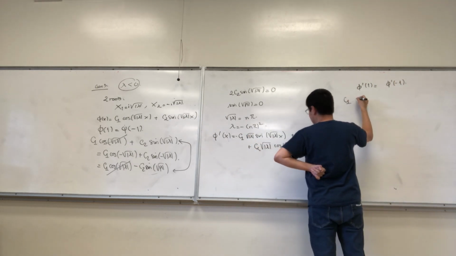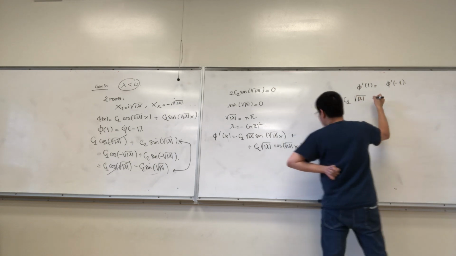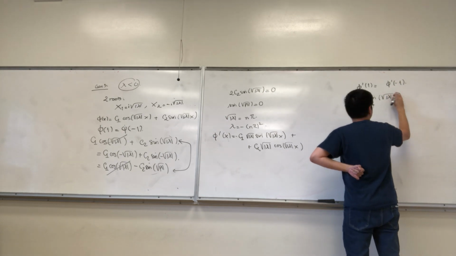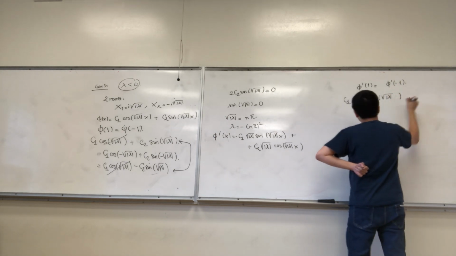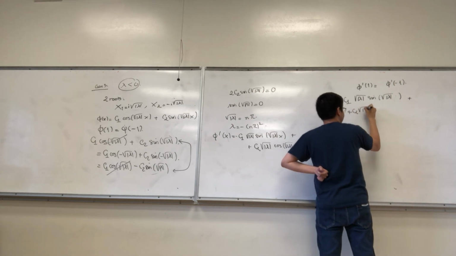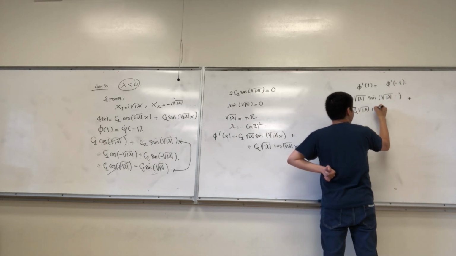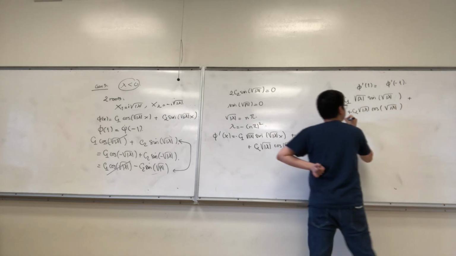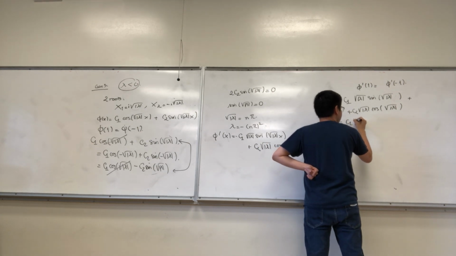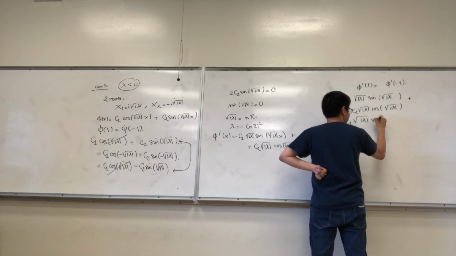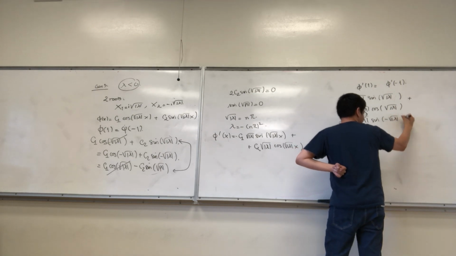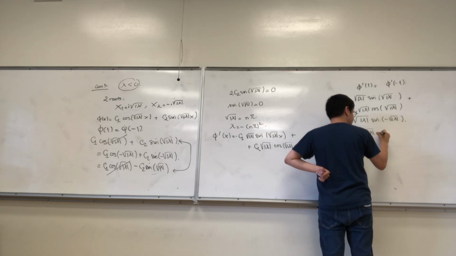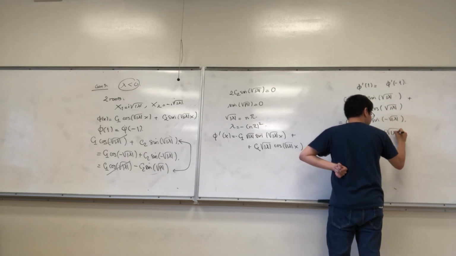I have C1 square root of lambda sinus of square root of lambda times 1, sorry, plus C2 square root of lambda cosinus of square root of lambda is equal to C1 square root of lambda sinus of minus square root of lambda plus C2 square root of lambda cosinus of minus square root of lambda.